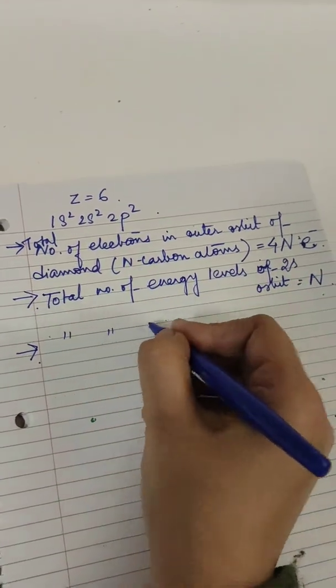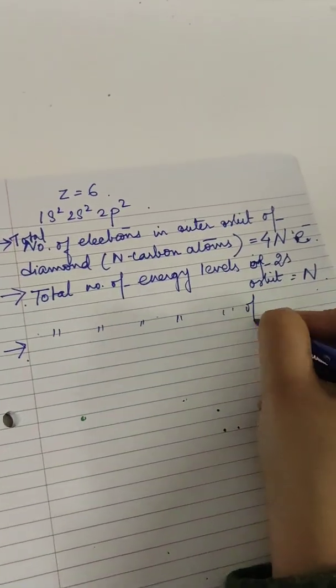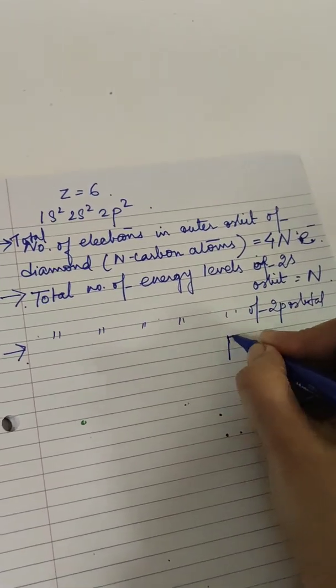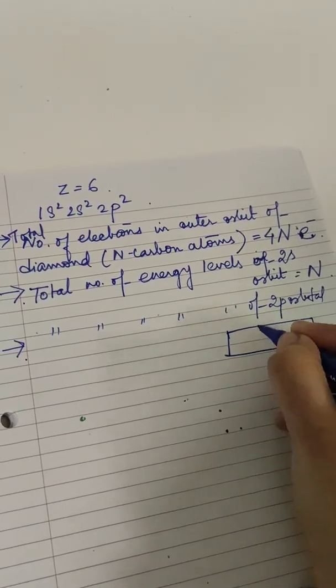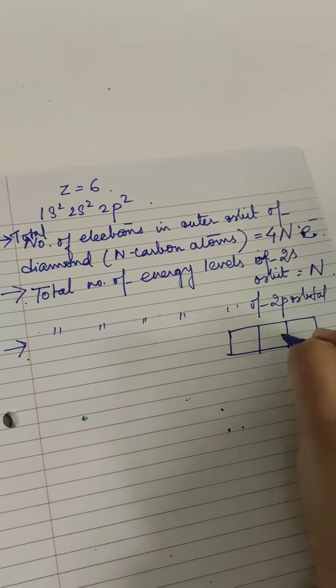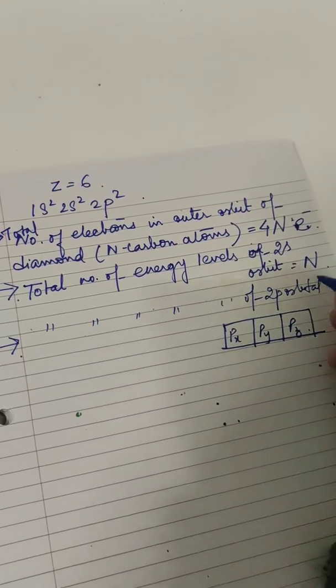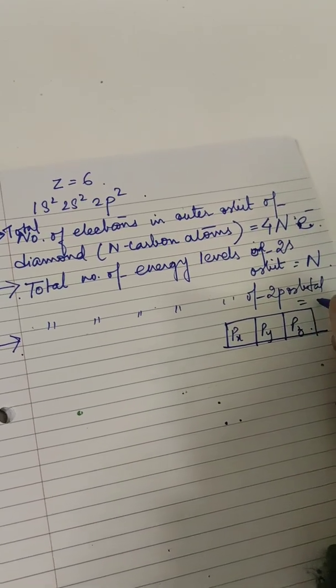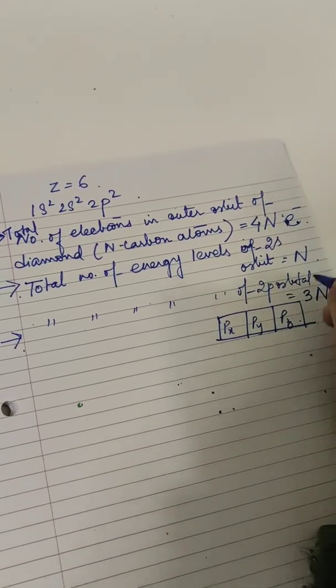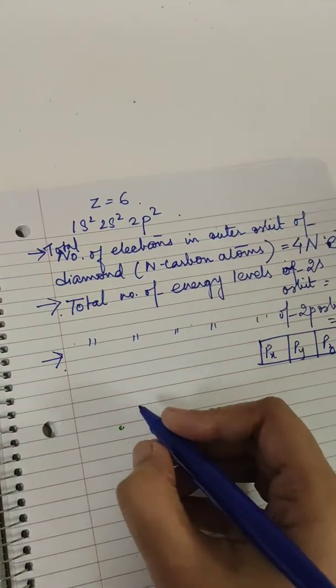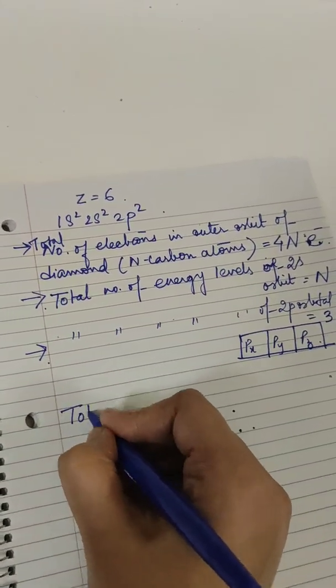Now the total number of energy levels of the 2p orbital. 2p consists of 3, right? px, py, pz. So 3n.